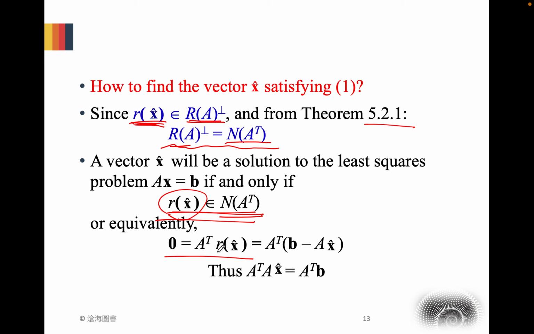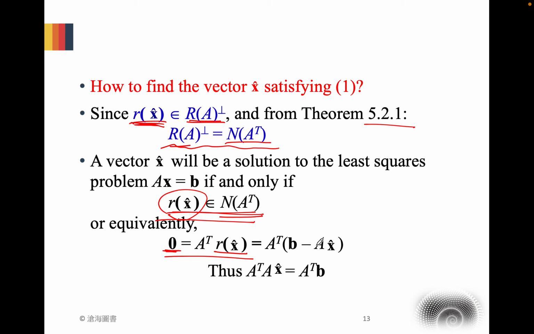And we substitute the residual by B minus A x hat. So A transpose times (B minus A x hat) should be equal to 0.